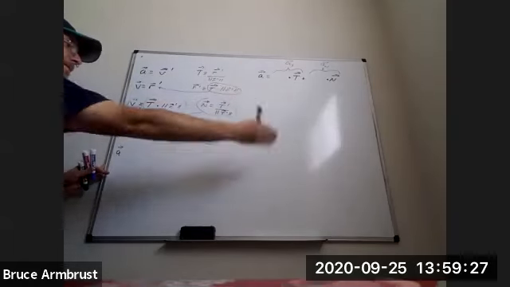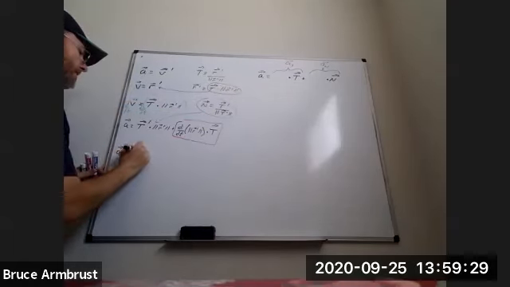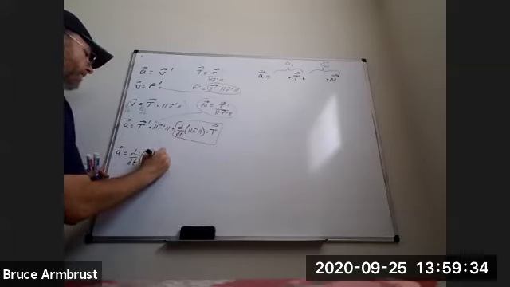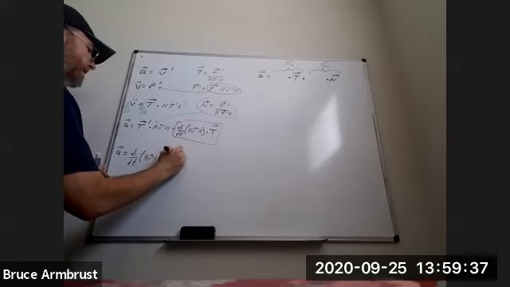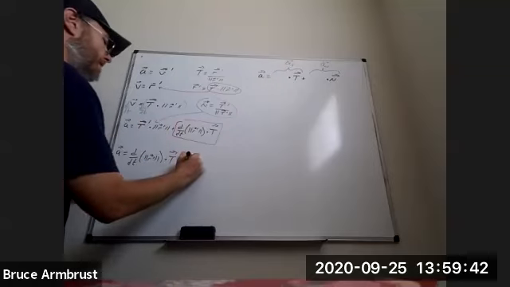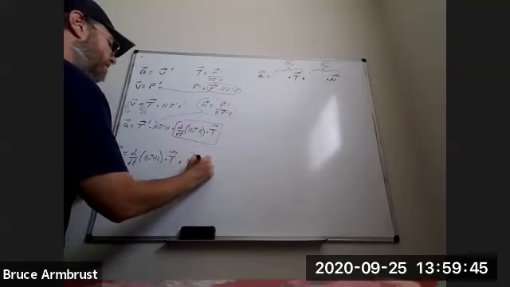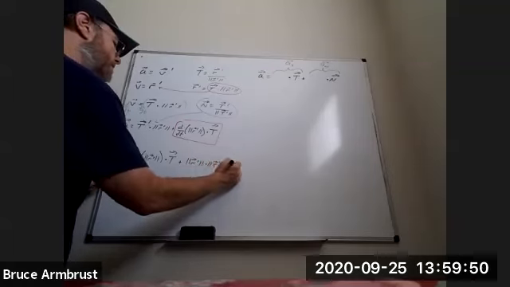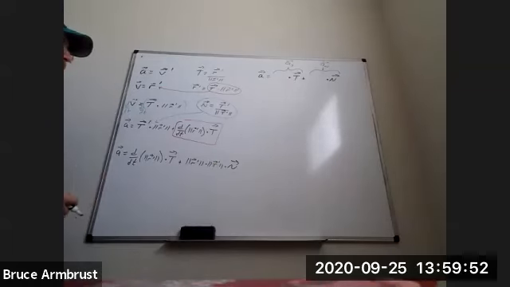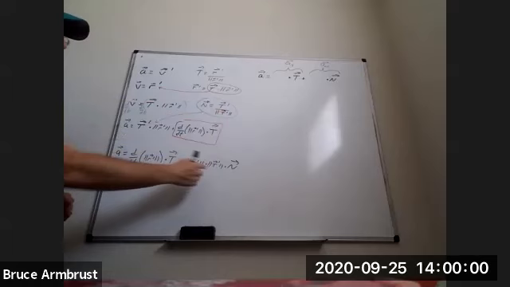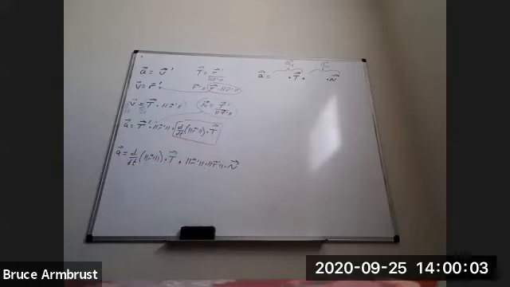Something times T plus something times N. So our acceleration is going to be d/dt of the magnitude of r prime times big T plus, now if I replace this stuff in, the magnitude of r prime times the magnitude of T prime times big N. Right, when I solve this thing for T prime, that magnitude pops up, and we're here.